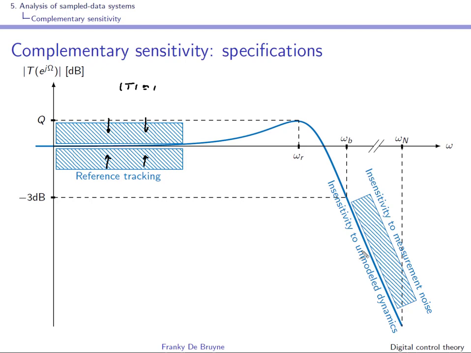If we use that model and push the complementary sensitivity function too far, we could excite those unmodeled dynamics. So in the frequency ranges where we have unmodeled dynamics, so typically resonance peaks, we have to make sure that the complementary sensitivity function has a low gain.